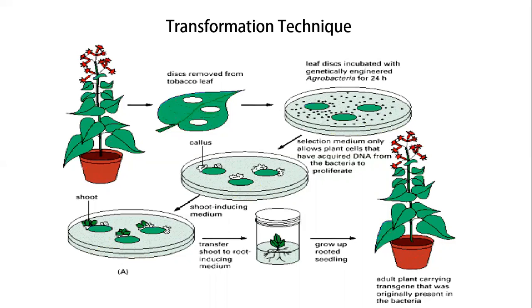In this technique, the leaves are used as the explant, and basically not the whole leaf but leaf discs are used for this purpose. And why are the discs used?